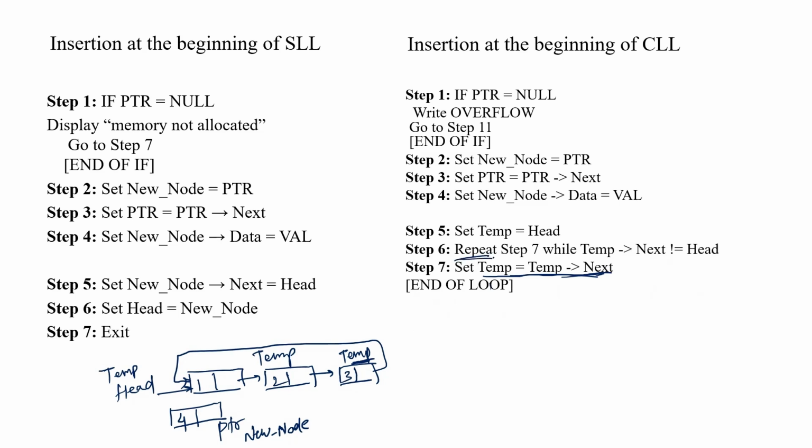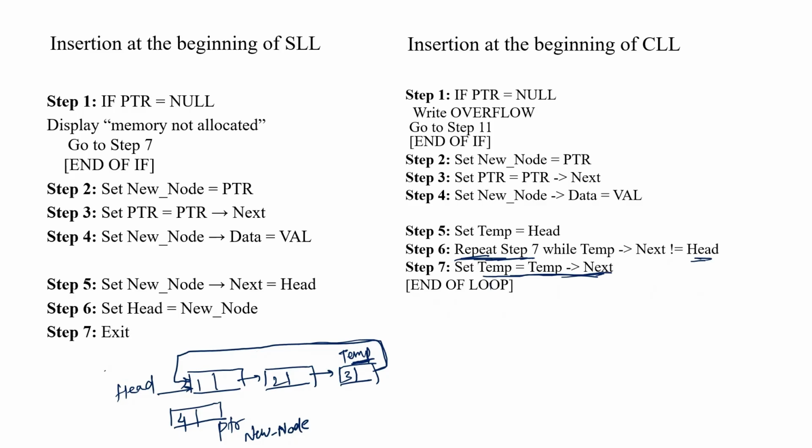I will write step number 6, repeat step number 7 while temp to next is not equal to head. Means when temp to next is head, then it will stop. So our temp variable will come on the last node. In order to bring the temp on the last node, we are writing steps number 5, 6, and 7.